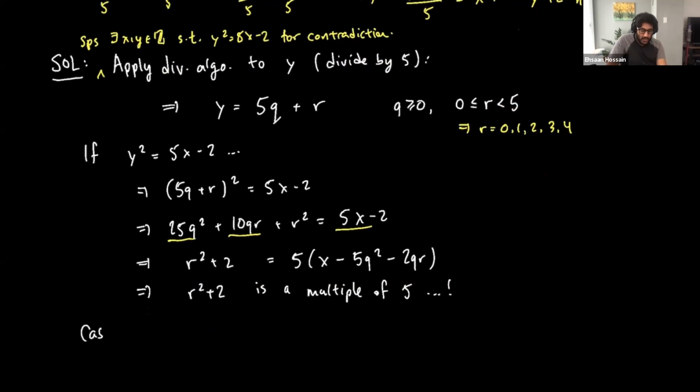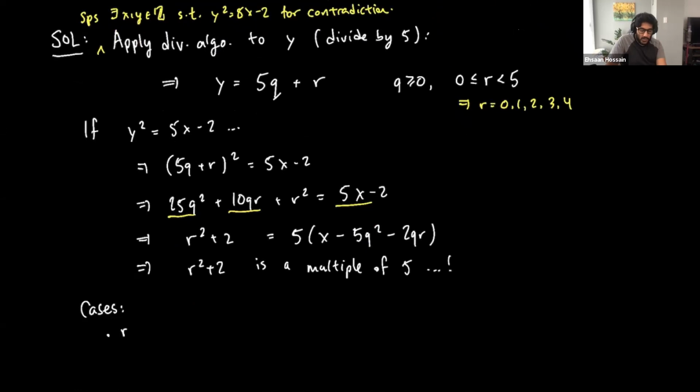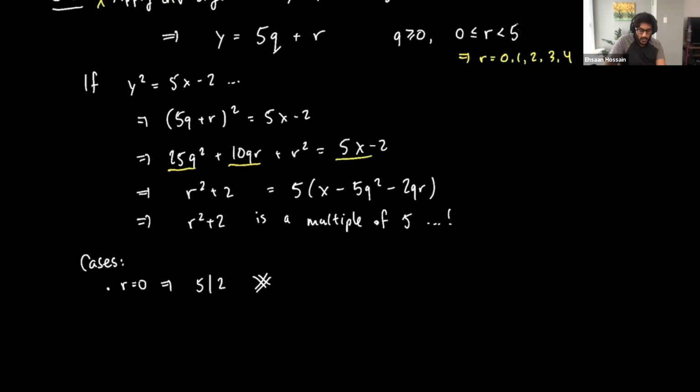What Burgess said, cases. If r equals 0, I get 5 divides 2, which is a contradiction. See? I should say 5 divides r squared plus 2, which is 2, right?